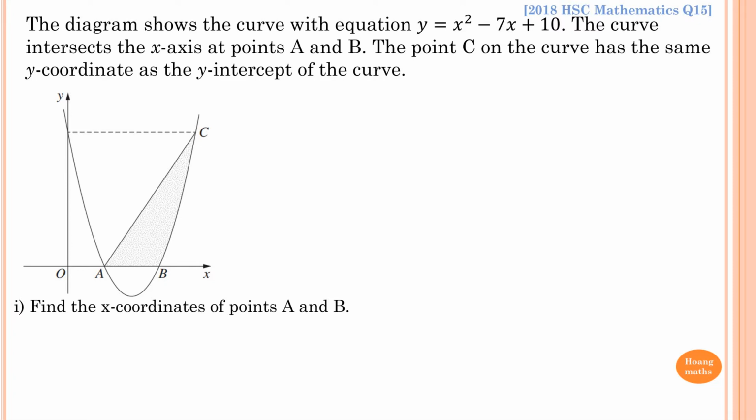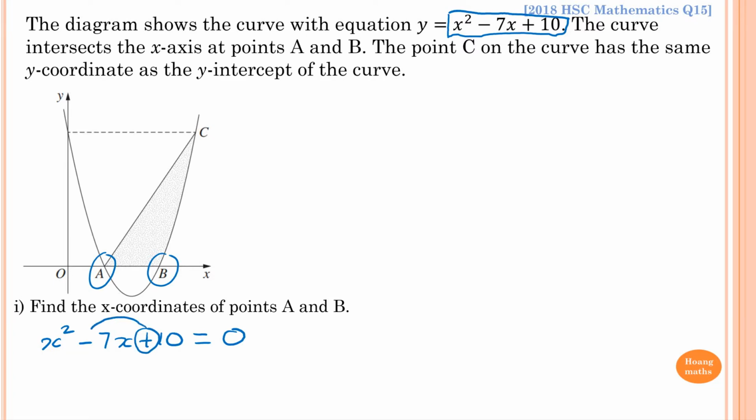So you know that A and B are the x-intercepts of the curve. This means that this equation is equal to 0 to find the x-intercept. So x^2 minus 7x plus 10 is equal to 0. Because of the plus, we just copy that out. So (x minus)(x minus) equal to 0.